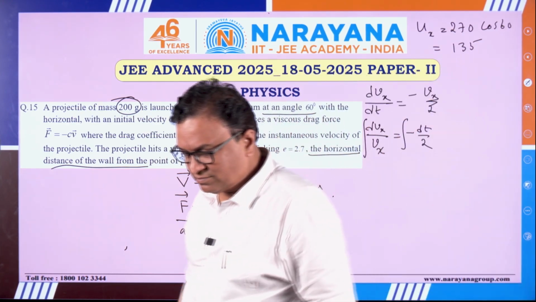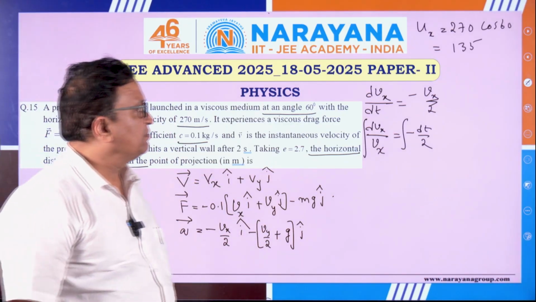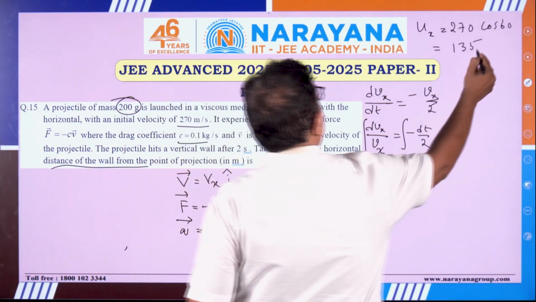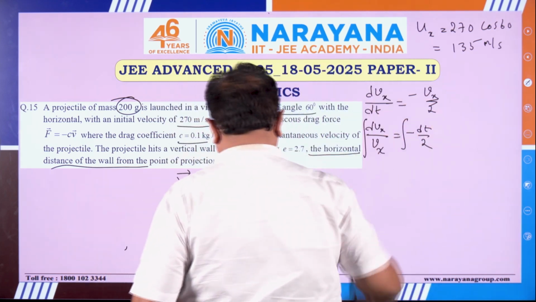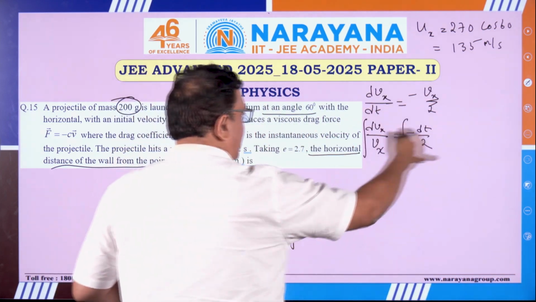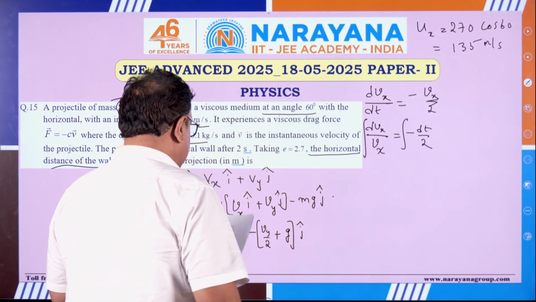135, right? Meter per second. So therefore this is initial. I have done the proper integration between 0 to 2 seconds.